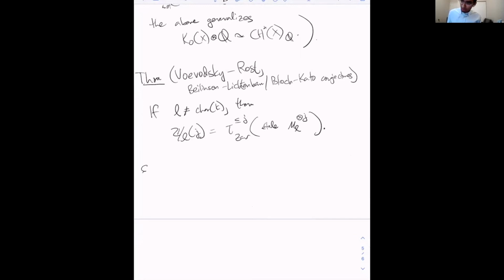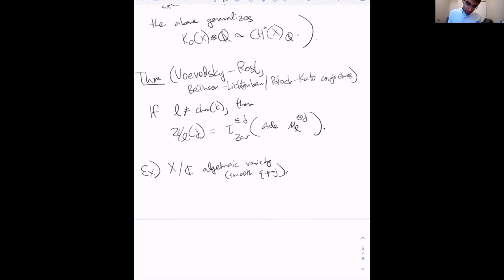So maybe let me give the example. Suppose X over the complex numbers is an algebraic variety. Maybe I should say it's smooth and quasi-projective. Then what can happen is that if you take K0 with mod L coefficients, it can be quite large, some sort of infinite group.